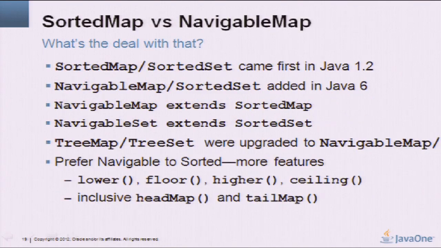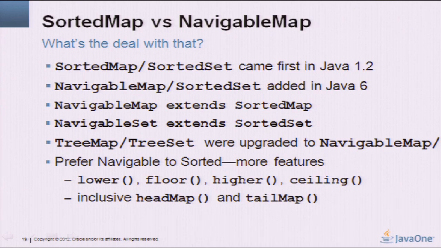Now, I had on that slide a reference to navigable map, and there's two structures: sorted map and navigable map. Well, what's the difference? In fact, they're providing essentially the same functionality. Sorted map was around first, and then they decided that there was some additional functionality that they wanted, and they added navigable map in Java 6.